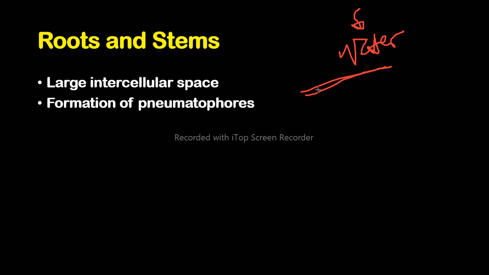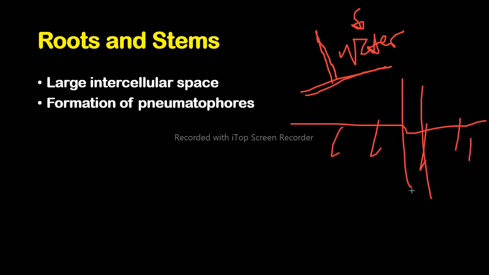And so what does that mean? For these plants to survive, they must form breathing roots that emerge outside of the waterlogged area. So if this is the ground, and this is your plant, and this is a root within the waterlogged area, instead of this root suffocating due to lack of oxygen, it is going to grow breathing roots that will emerge out of the ground.